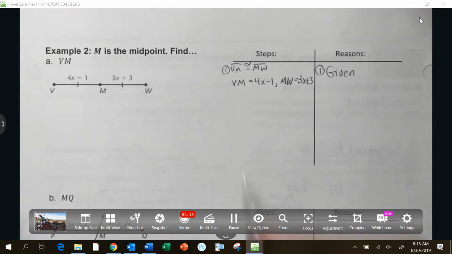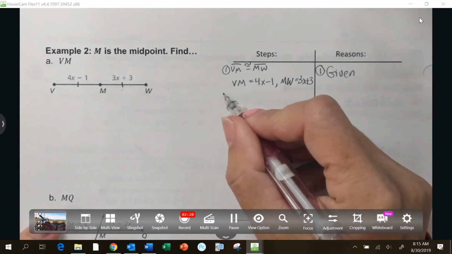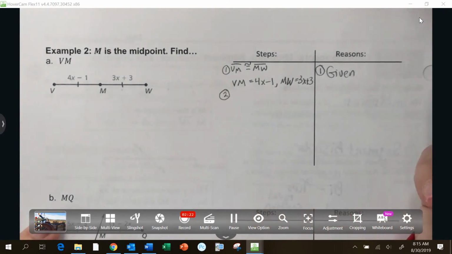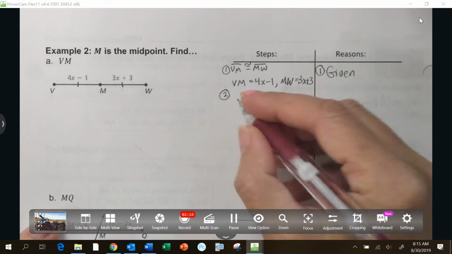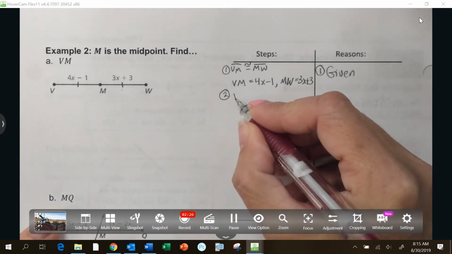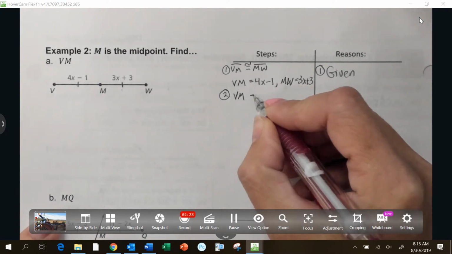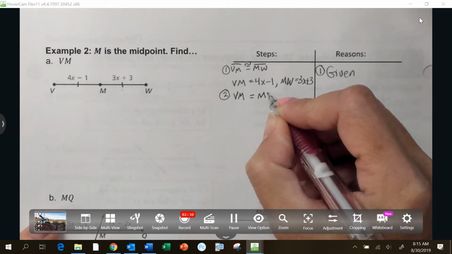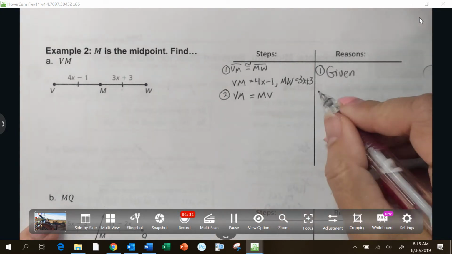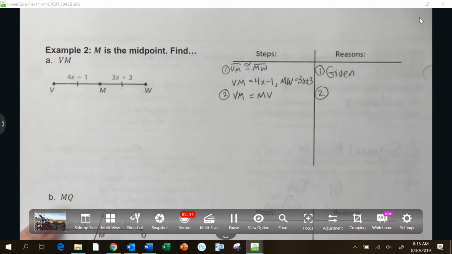Okay. So let me go over here and say kind of exactly what Matthew said, but just in steps. So he said because VM equals MW, how do we know that they equal each other? Because they're congruent.